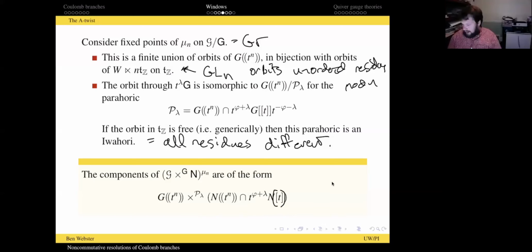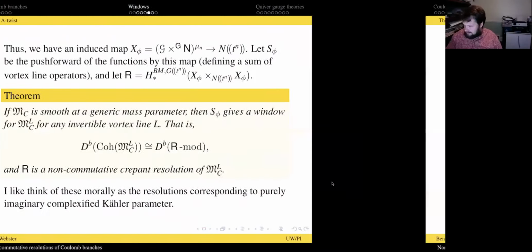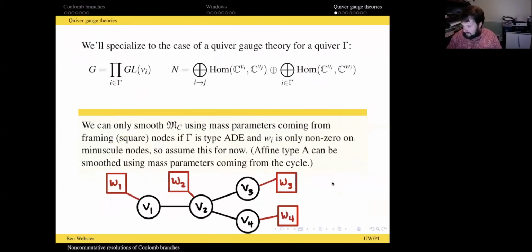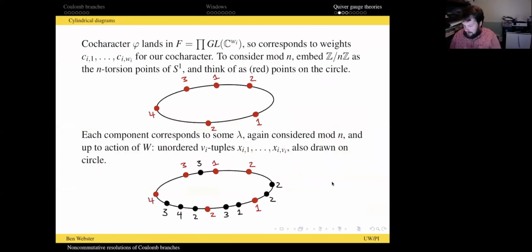Yeah, the way I like to think about this, let me go to the picture a little further on, is: if you were looking at GL_N, you can think of Z mod NZ as the N-torsion points in S^1. That way you can think of all N together.